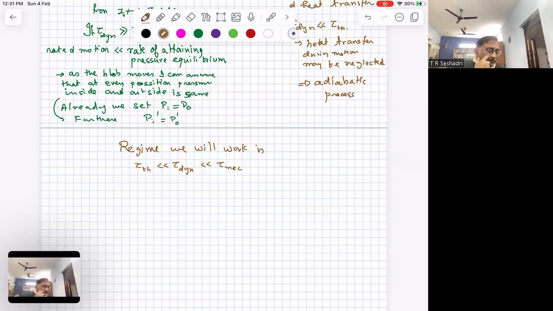So the blob moves fast enough that during the motion there is not enough time for heat to transfer, but slow enough that pressure equilibrium is maintained. So we are going to work in that regime. Is that okay?